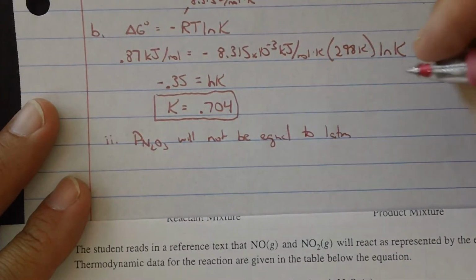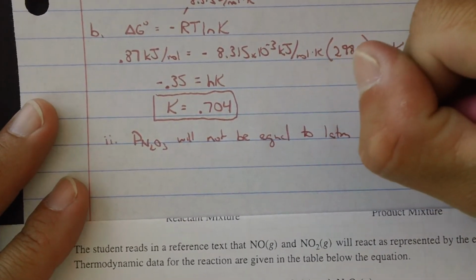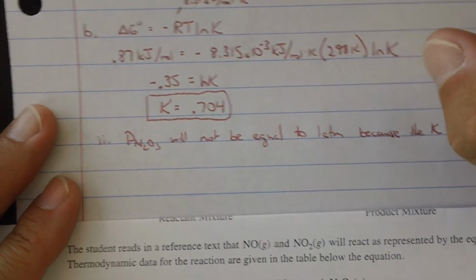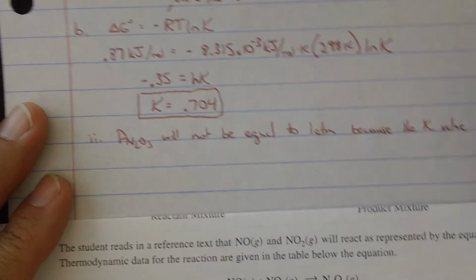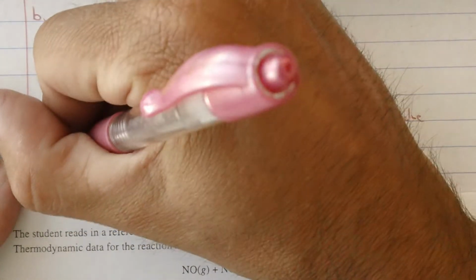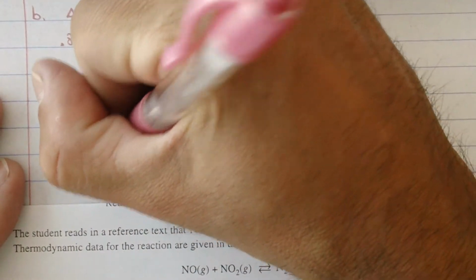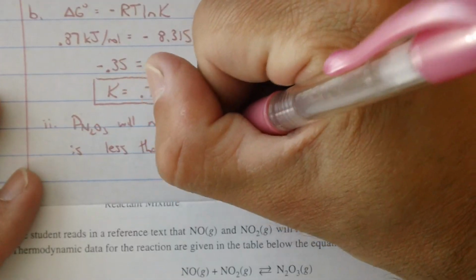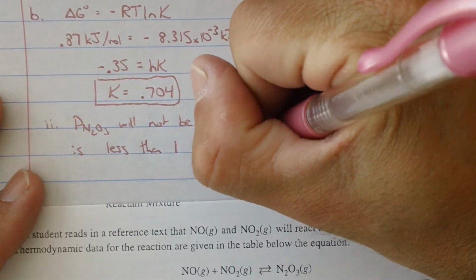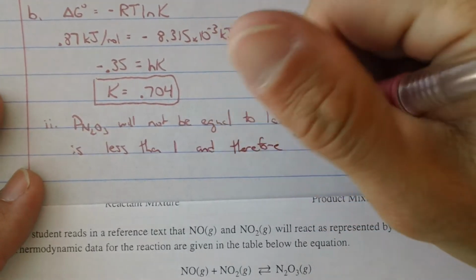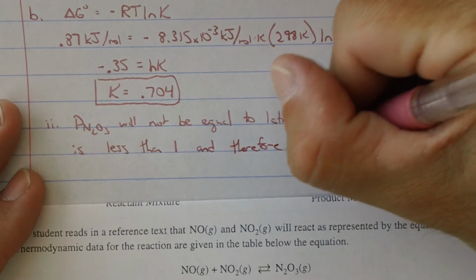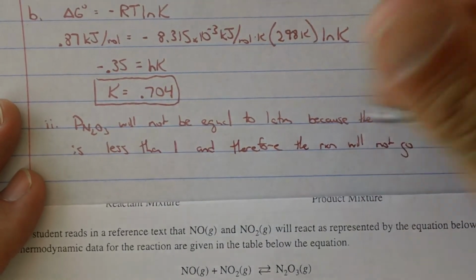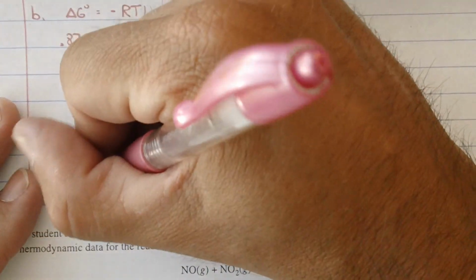Answer the question, because the K value is less than 1 and therefore the reaction will not go to completion.